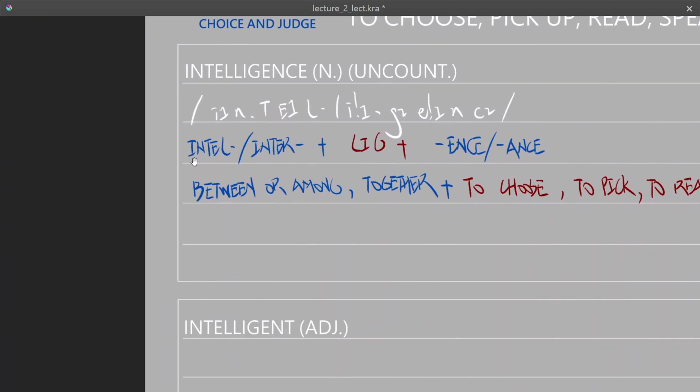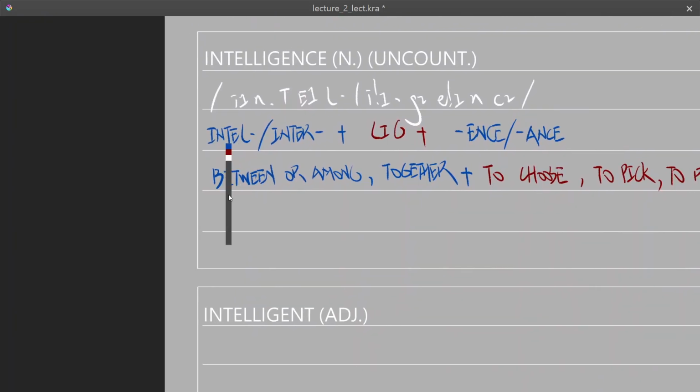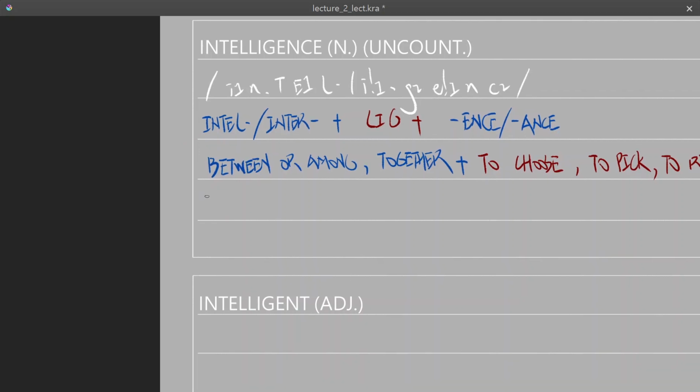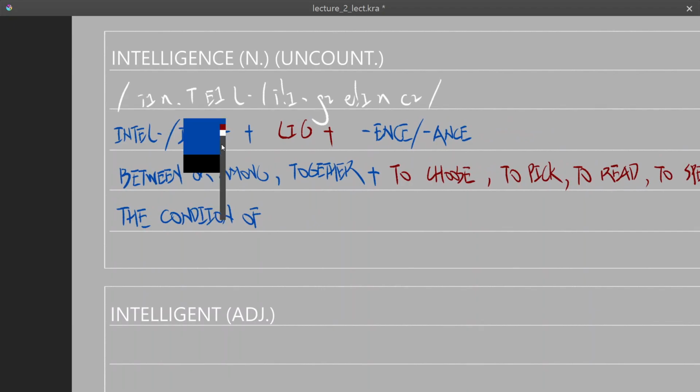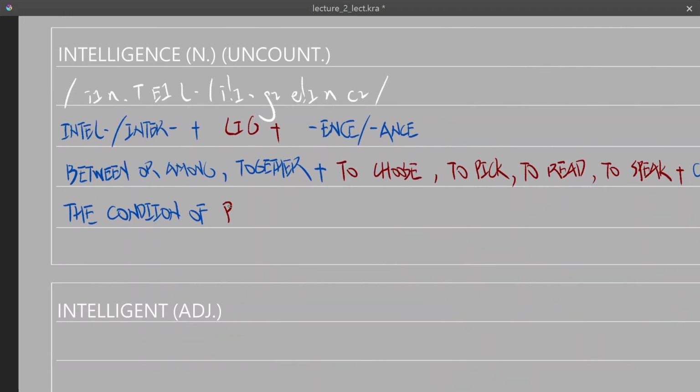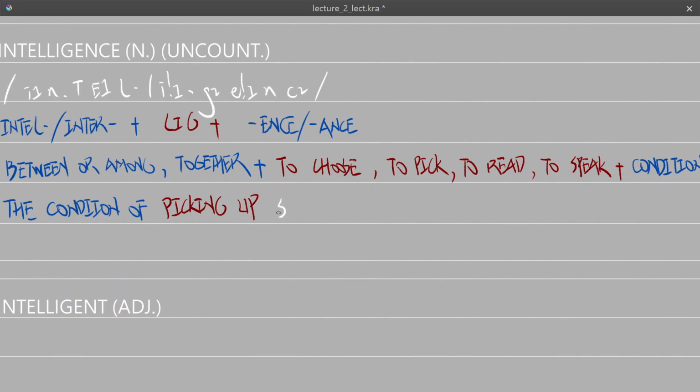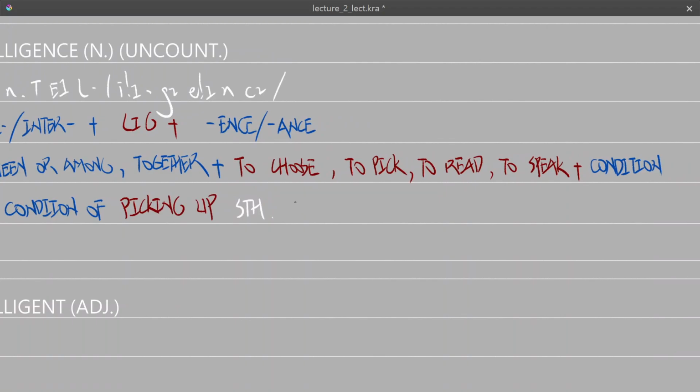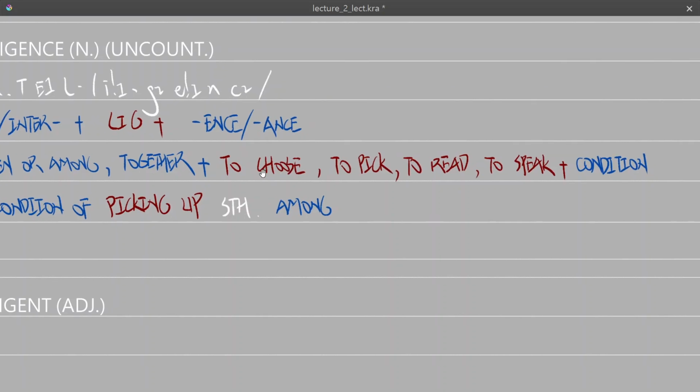So intelligence literally means the condition of picking up something among things.